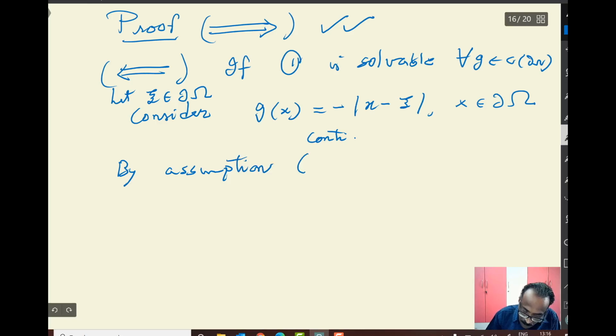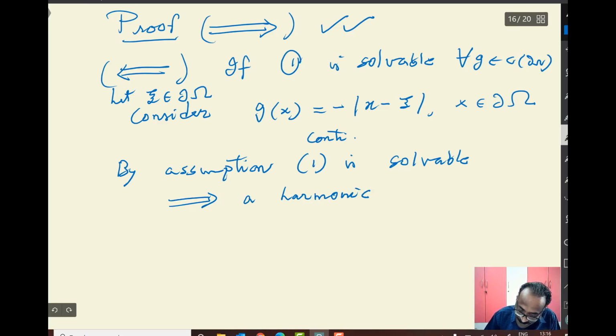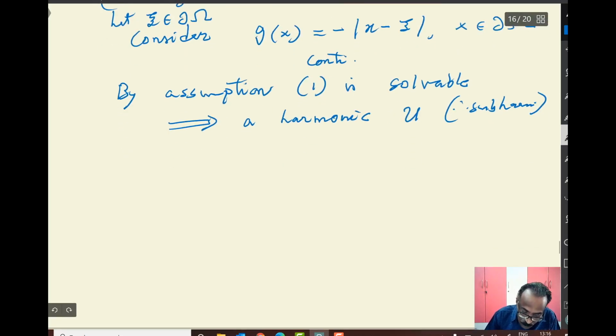So that gives you a harmonic U, and hence it is subharmonic. And then of course U psi is equal to G psi in the limiting sense, that is equal to 0.